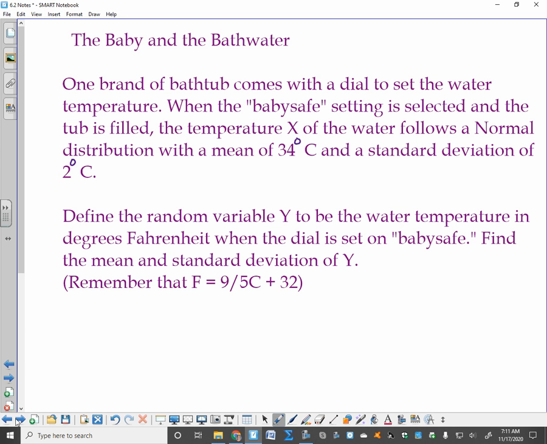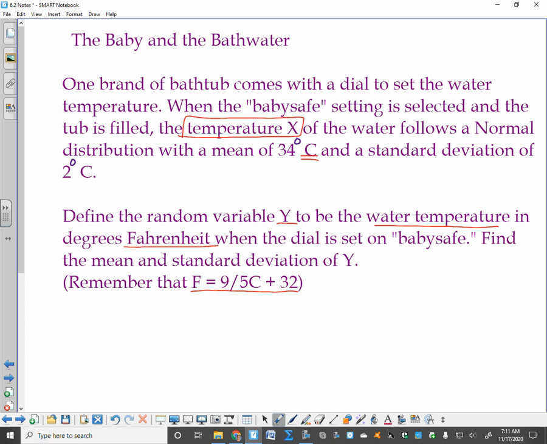Okay, so X, let's look at our variables first. X is the temperature of the water in degrees Celsius. Y is the water temperature in degrees Fahrenheit. Here is my formula to convert Celsius to Fahrenheit.